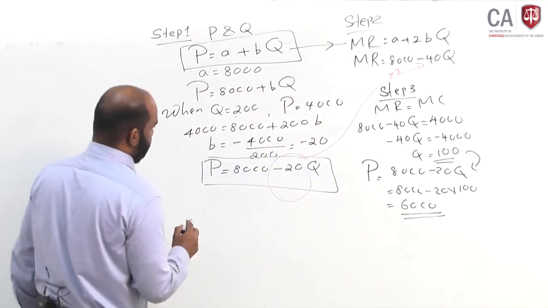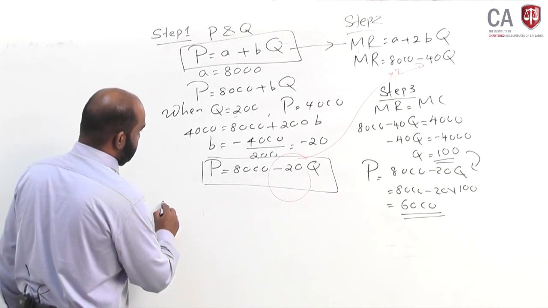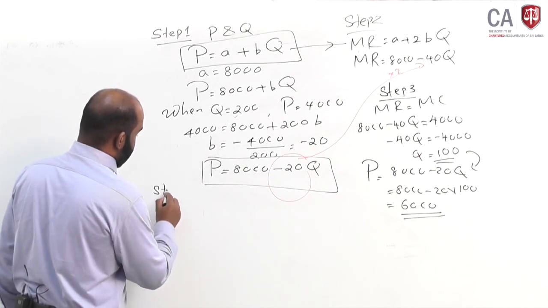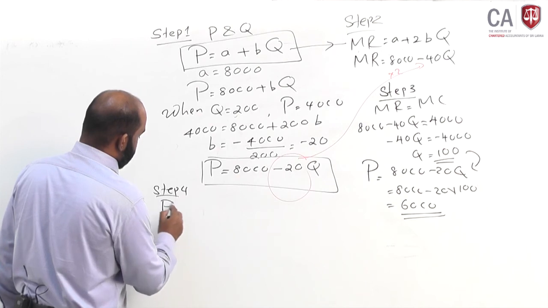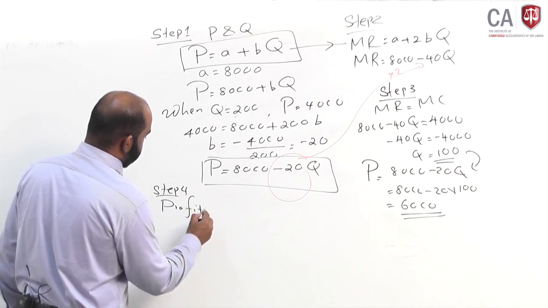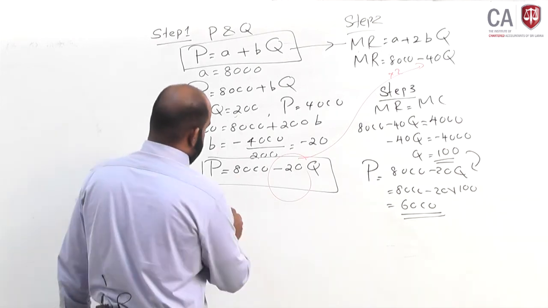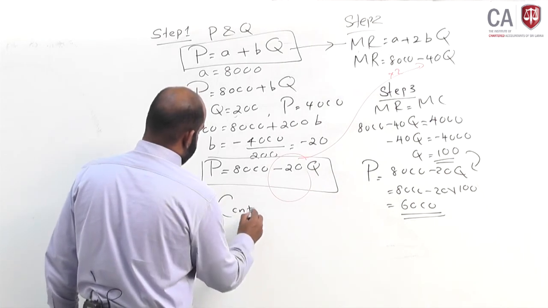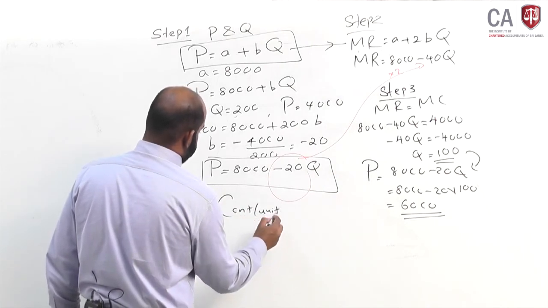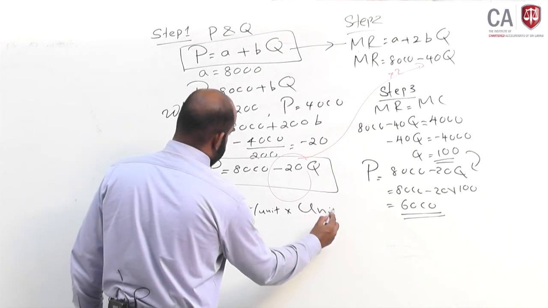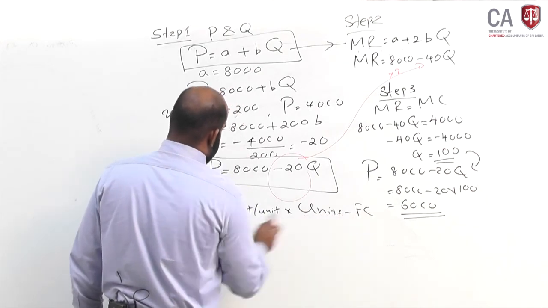Now let's find the profit, the normal profit equation. That's the last step, or step number 4 I can call it. Profit equals your contribution per unit into number of units minus your fixed cost. What is contribution?